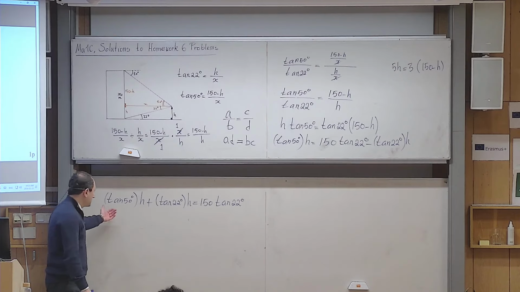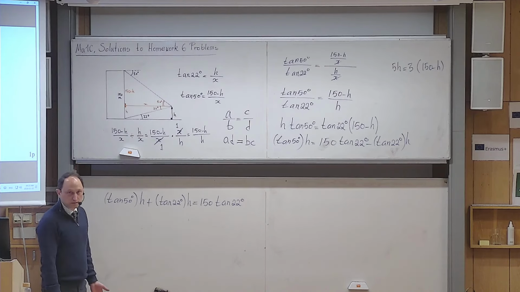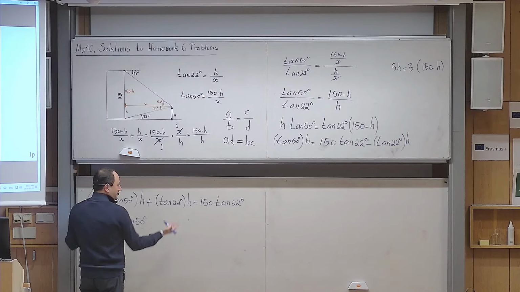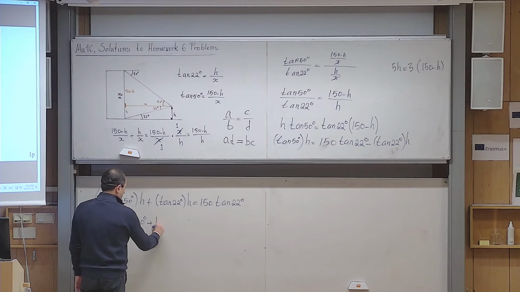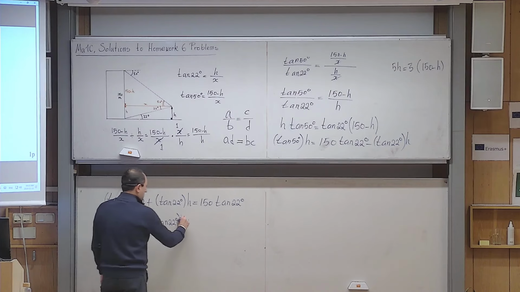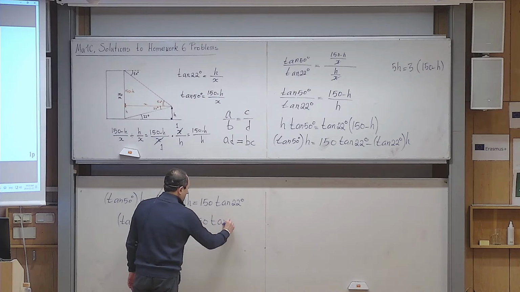We have experience now. What should I do with this combination? Factor h out. Yes, so if I factor h out, try to overcome your feeling that this is a hard problem because you see tangent there, okay? Tangent 50 degrees plus tangent 22 degrees times h is equal to 150 tangent 22 degrees.